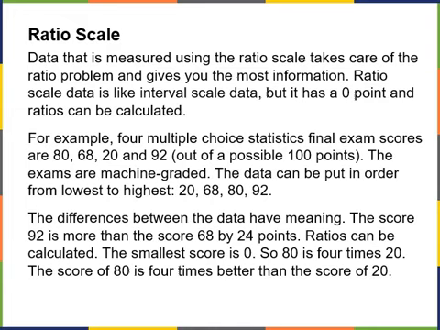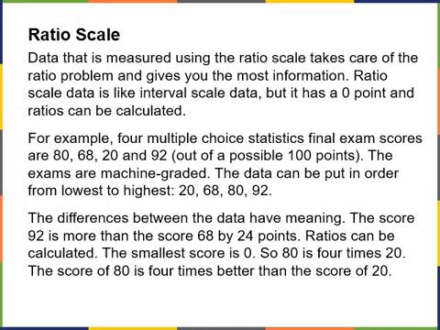Nothing, because we don't have anything to compare them to. However, once we say that we have 100 possible points, now we can rank these scores, because 80, 68, 20, and 92 are now out of the maximum value of 100.